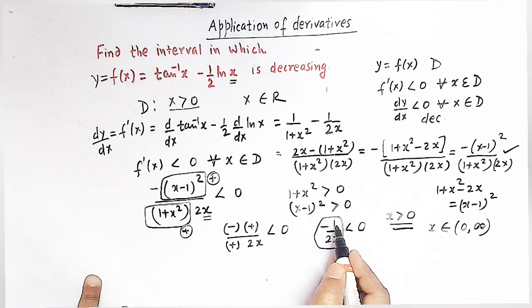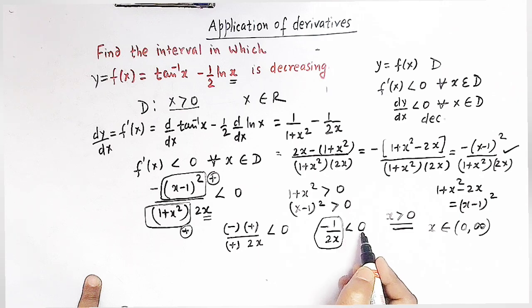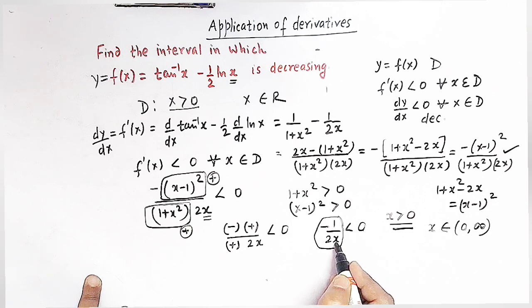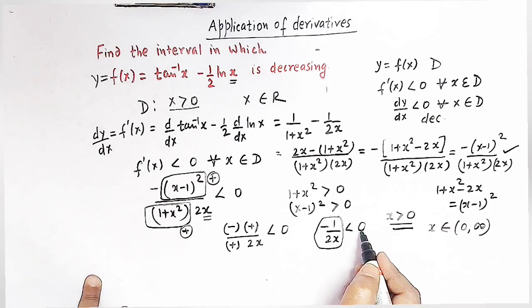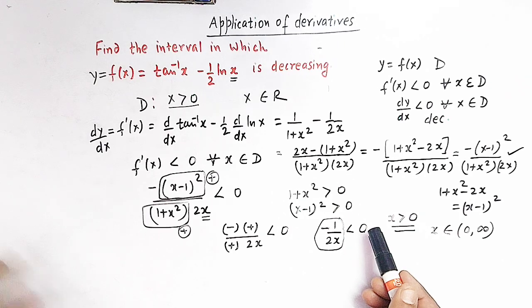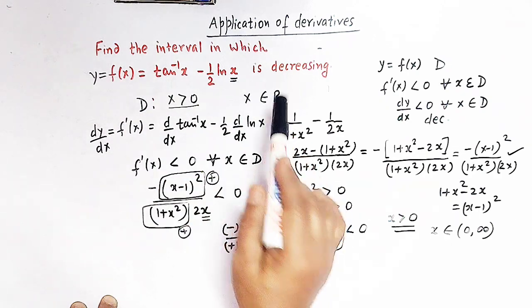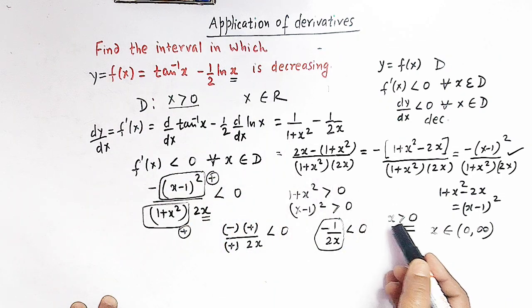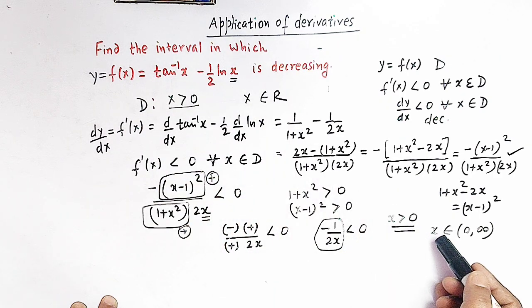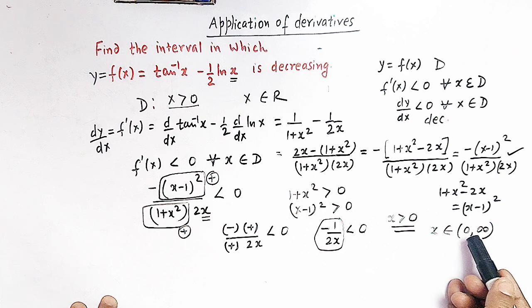So here minus 1 over 2x is less than 0 when x is greater than 0, that is x is positive, so that this entire term is negative and it remains less than 0. So therefore this function f of x is decreasing for all x greater than 0 or x belonging to the interval 0 to infinity.